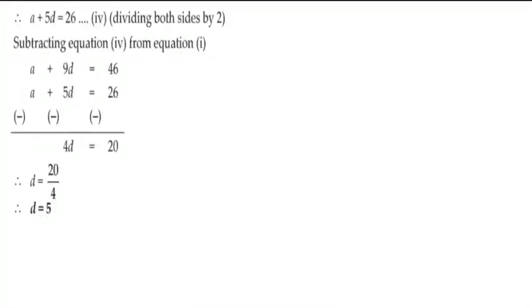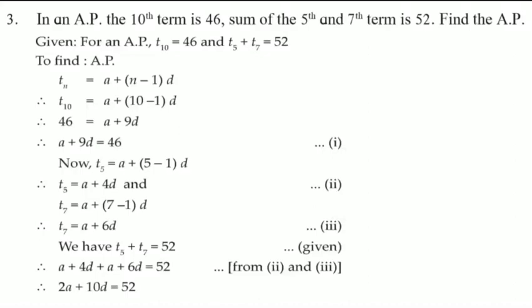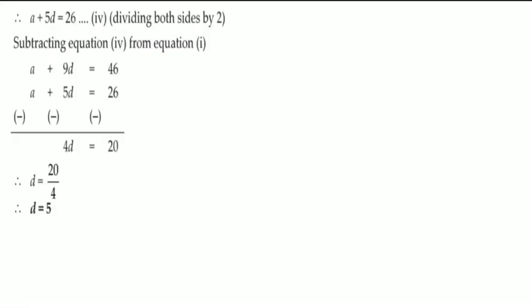Now observe equation 1, what we have? A plus 9D is equal to 46, and in equation 4 we have A plus 5D is equal to 26. The coefficient of the term A is the same here. So if we subtract, A will be eliminated and we will get the value of D. So let us subtract equation 4 from equation 1.